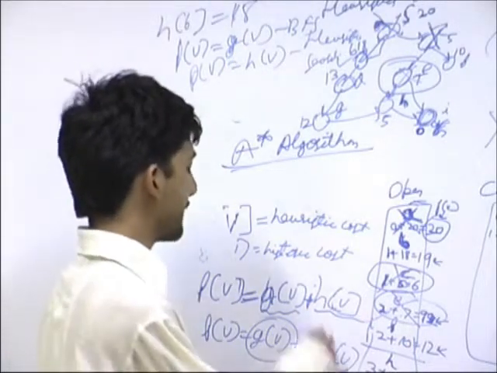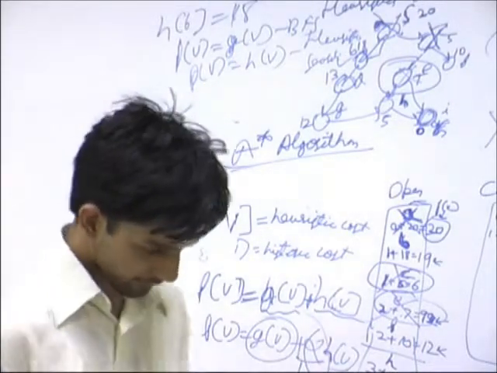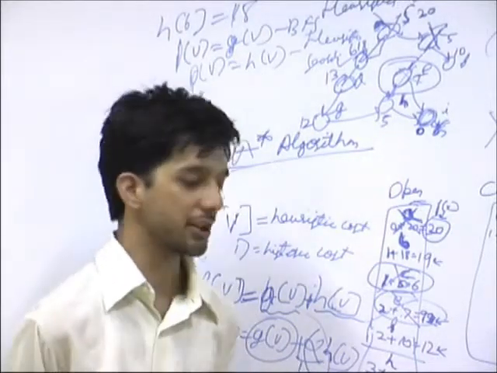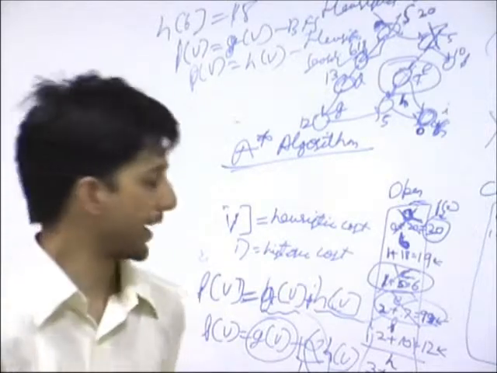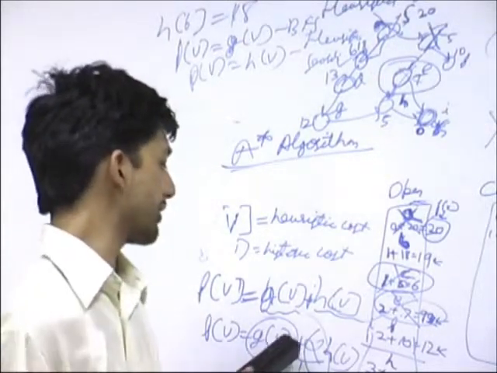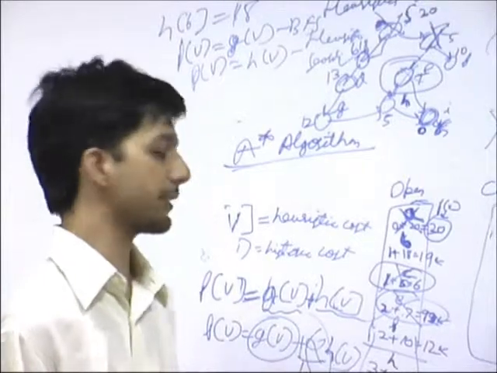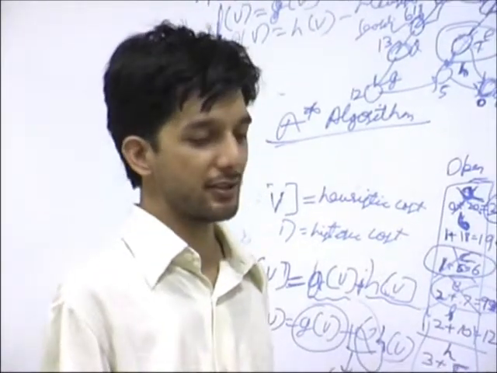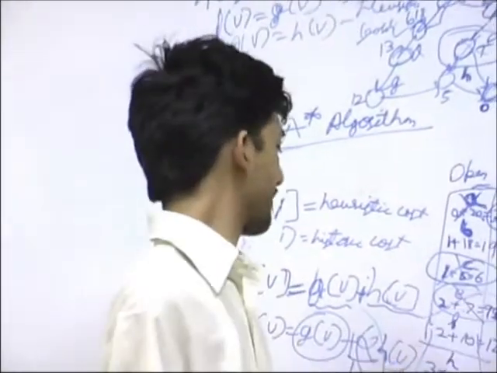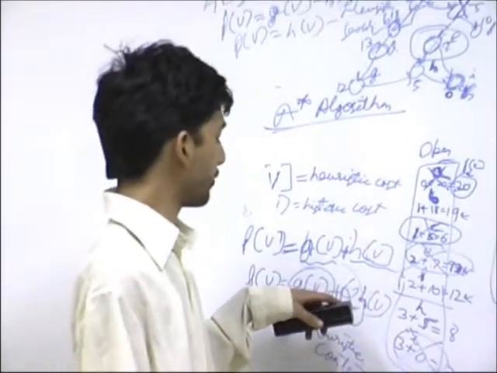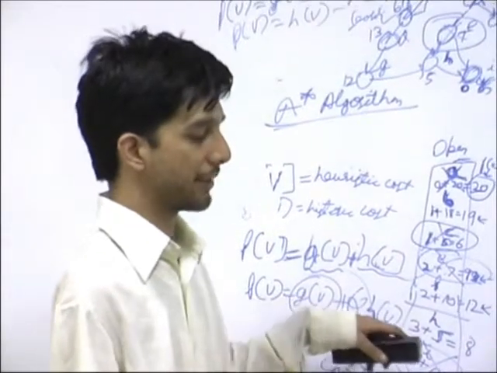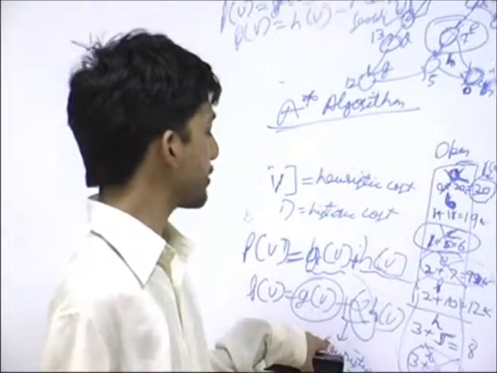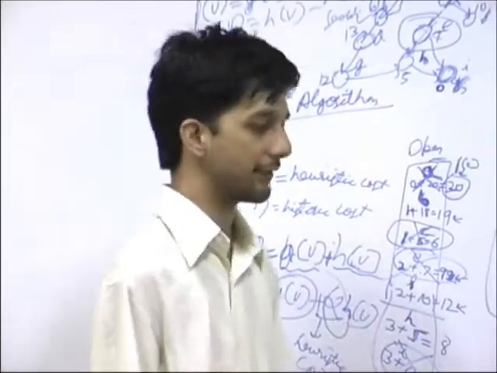Now by controlling this parameter alpha, we are trying to make a search algorithm that is a bit biased. That will be breadth first search biased to some degree, and that degree is denoted by alpha. If you keep it 0, it's entirely breadth first search. If you keep it such that it over-dominates the parameter Gv, it will become entirely heuristic cost, and all other cases are intermediate. So that's a breadth first search biased to some degree by the parameter alpha.